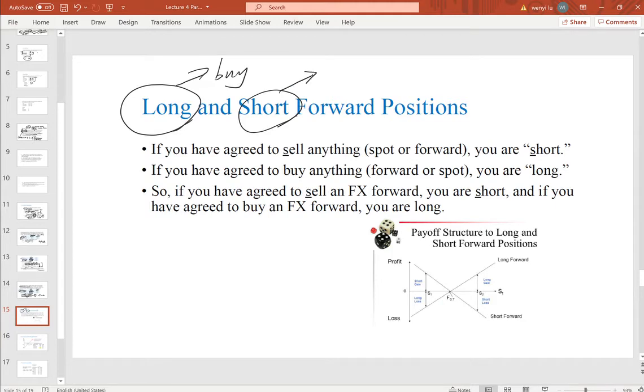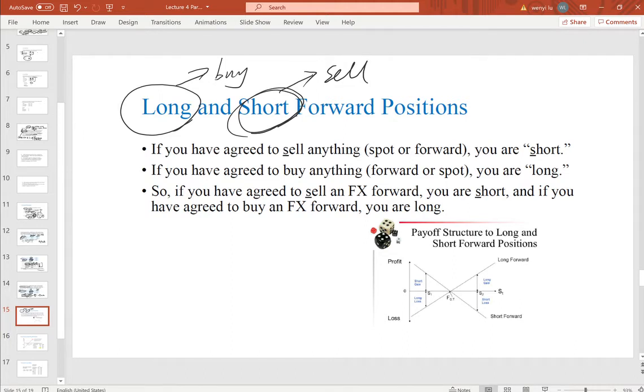Short means you sell it. You want to clear your position, you will do the short. Or you don't hold it, but you still take short, means you try to do a speculation, right? You think the price will be getting down, so you will sell it from borrowing from someone in the counterparty, and you will buy back in the future with a cheaper price, right? It's called a short.